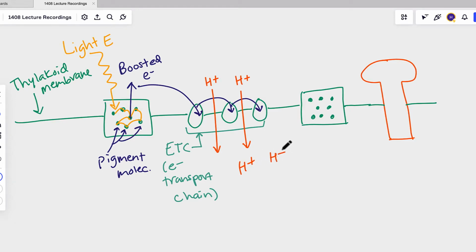So there's lots of hydrogen ions or protons inside the thylakoid, and I'll draw a little picture in a minute. So there's lots in here already, which means the hydrogen ions aren't going to want to go into it. They want to stay all spread out. But then you're using the energy of the falling electrons to pump them into this crowded space already.